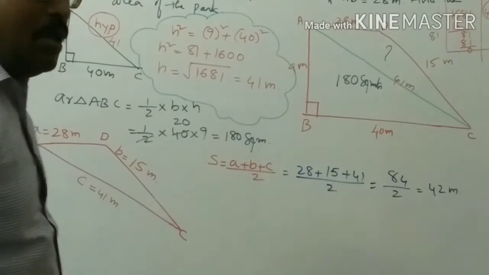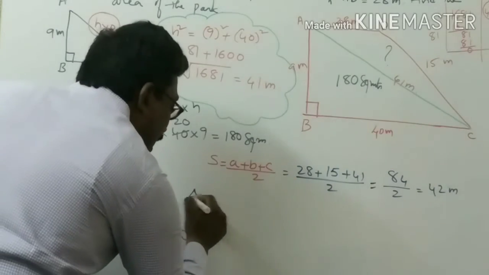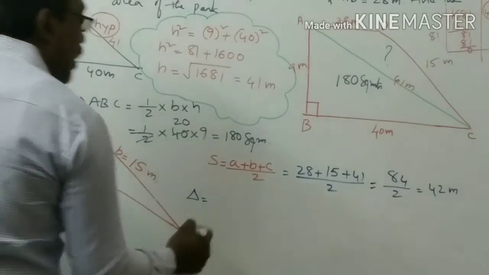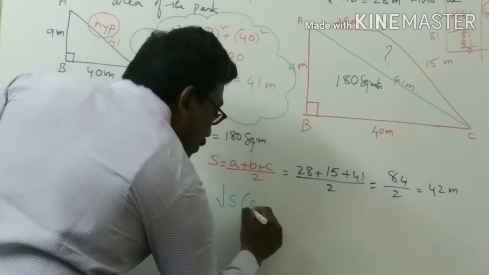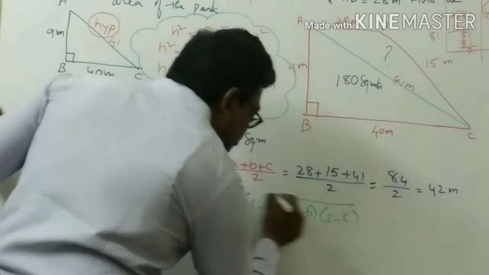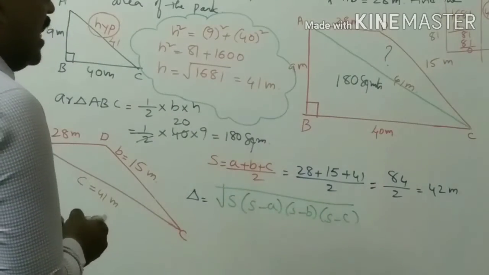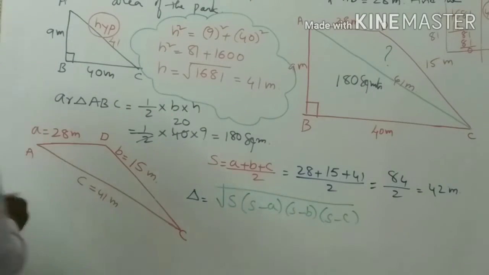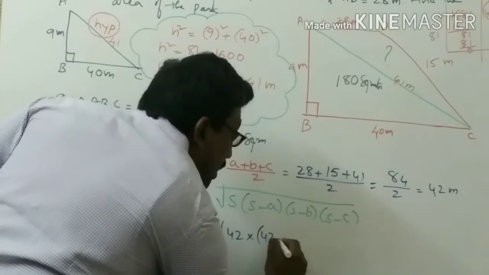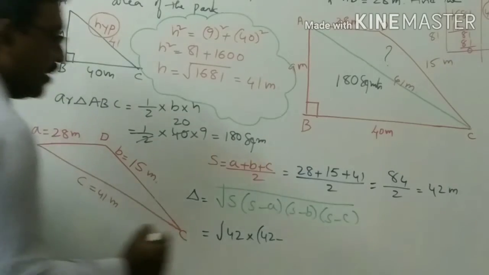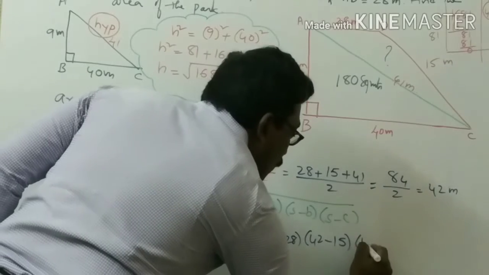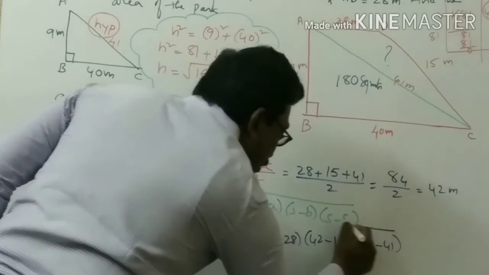Because S is the semi-perimeter. Area of triangle by Heron's formula is root of S into S minus A into S minus B into S minus C. So what is S here? That is 42, root of 42, 42 minus 28, 42 minus 15, 42 minus 41.